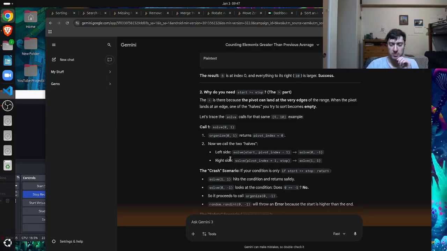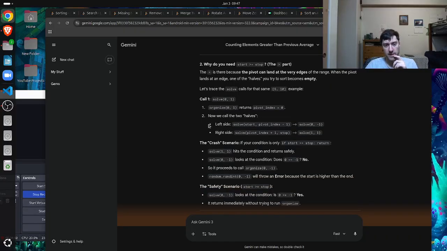Okay, well, that brings up another question I didn't even think about. When the pivot lands at an edge, okay, solve 0, 1, returns pivot 0. Now we call the two halves.